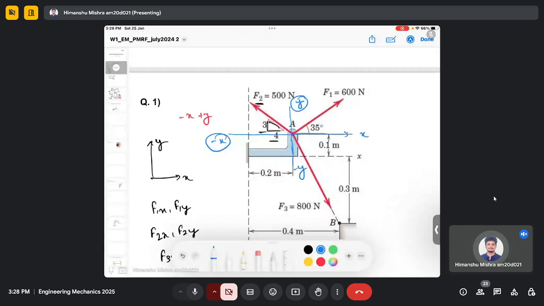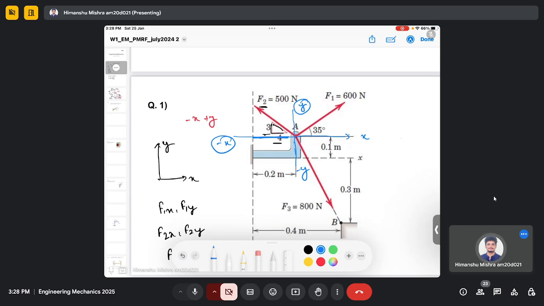So the component of F2 in the x direction, this is my F2x, and this will be my F2y.